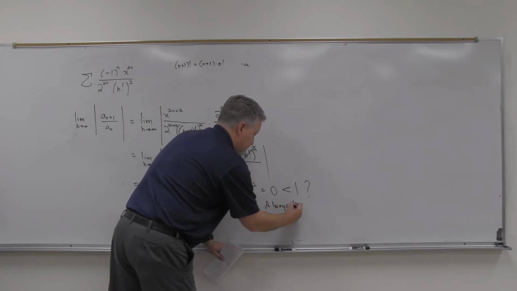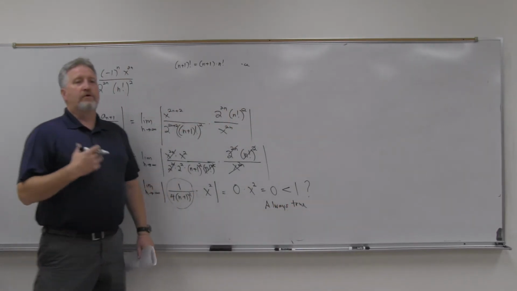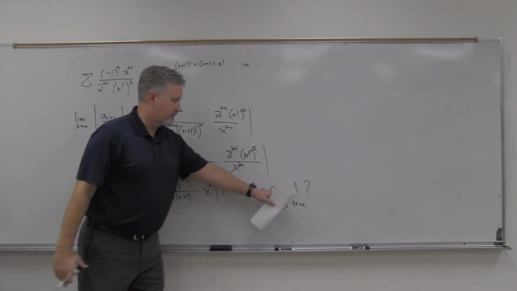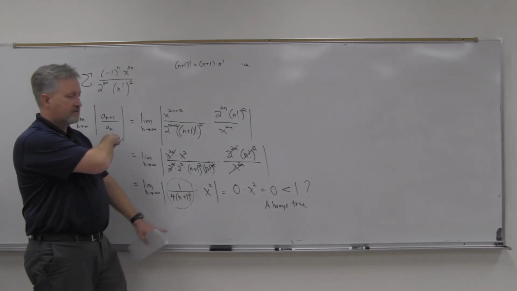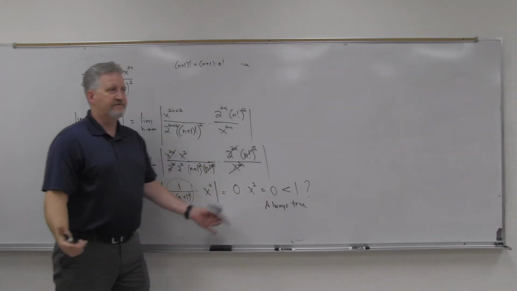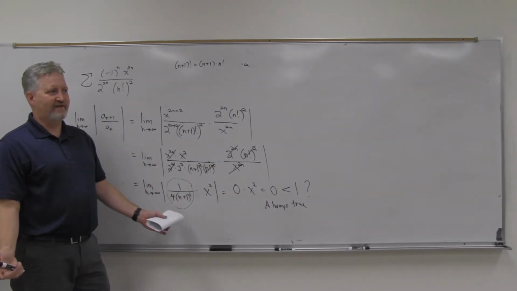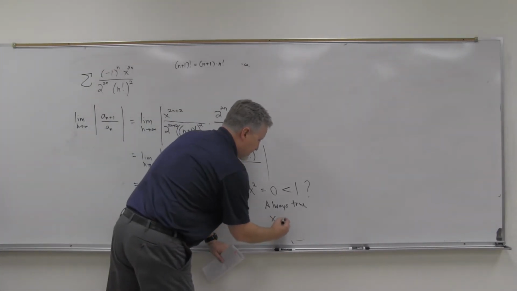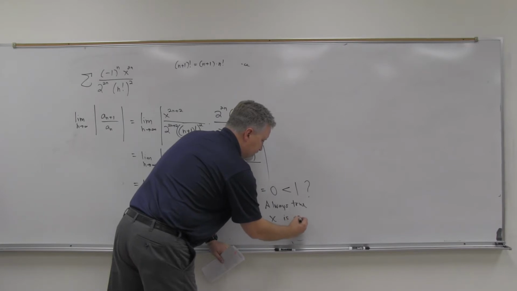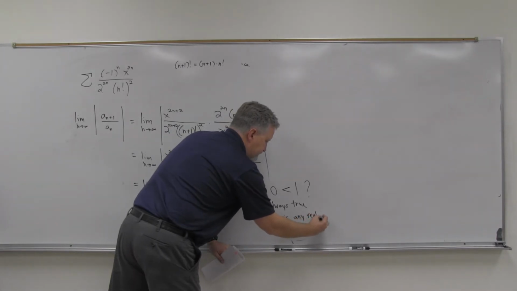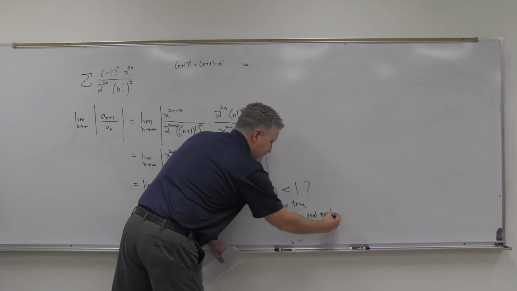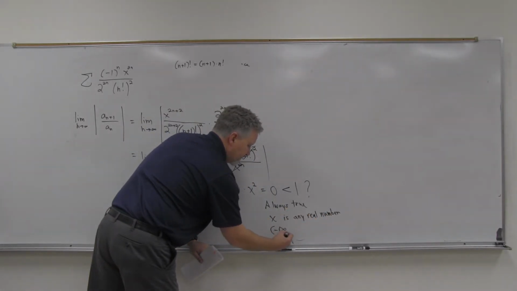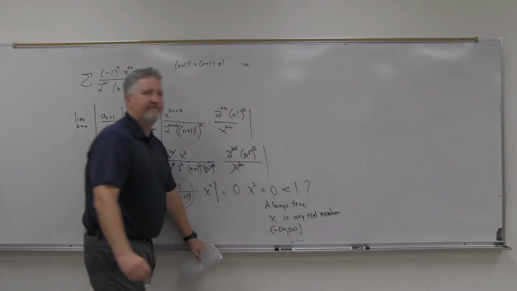Well, in the context of this problem, what does that mean? What we're looking for is the x values that make this ratio less than 1. If it's always true, doesn't that mean x can be anything? Yeah, x can be any real number. Or to put it another way, x can be anything from negative infinity to positive infinity, right?